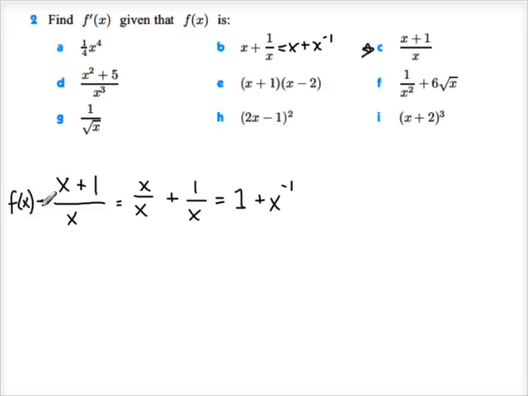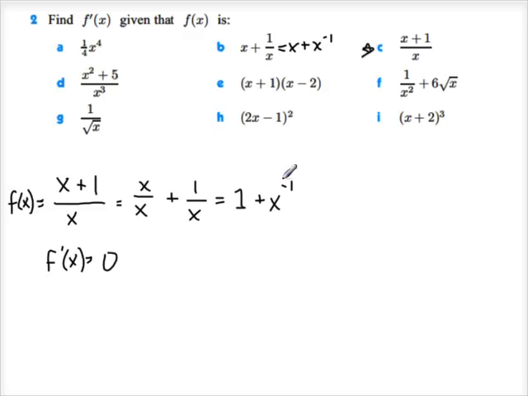Here we go. So when we take the first derivative, we're going to take the first derivative of 1. And the derivative of 1, it's just a constant number. So we'd say that it's 0, or you don't have to write it at all. I'll just write a 0 here so you can see it. And then for the second term, x to the negative 1, you would just use power rule.